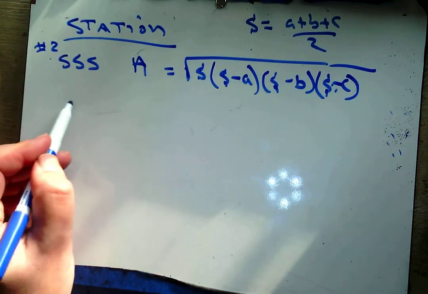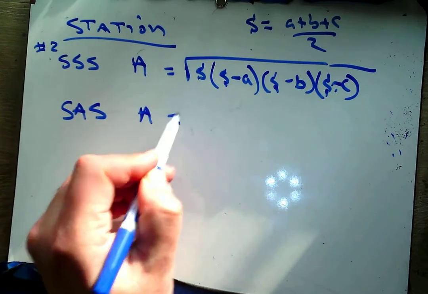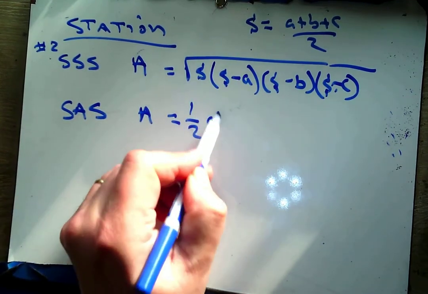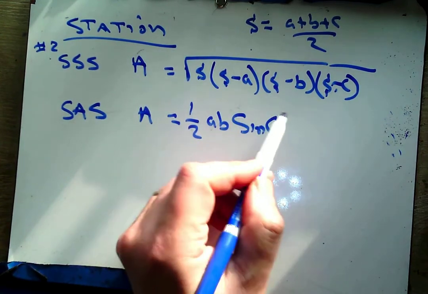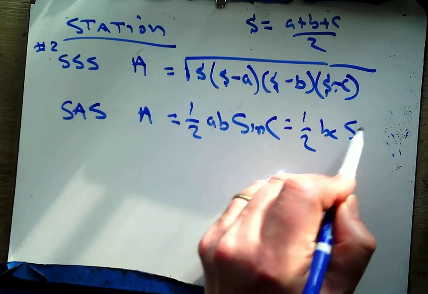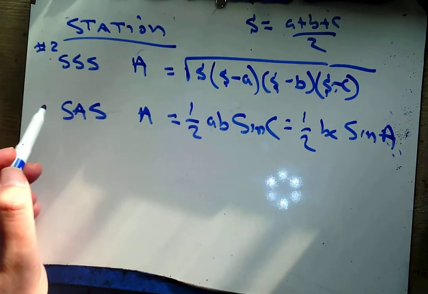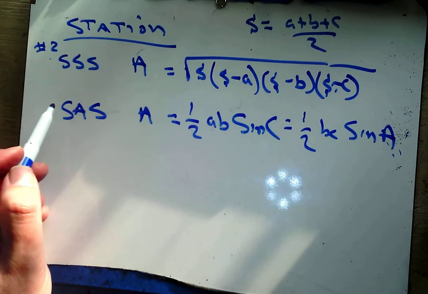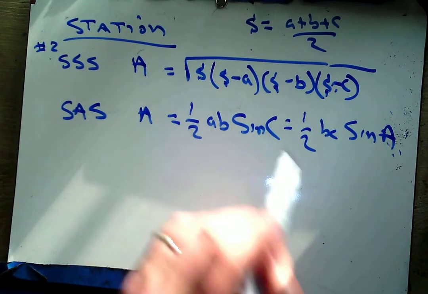But we have another formula, side angle side, and that was area equals 1/2 AB sine C kind of thing. Though we also saw that we could write it as BC sine A kind of thing. And so that's in fact what I see in problem number 1. I have the two sides and one angle.